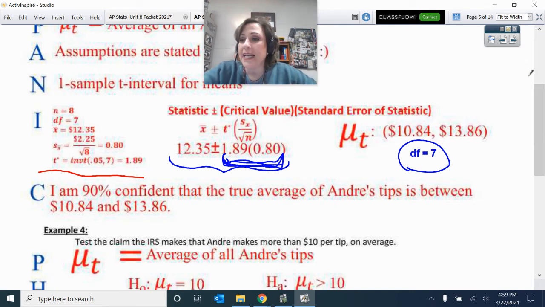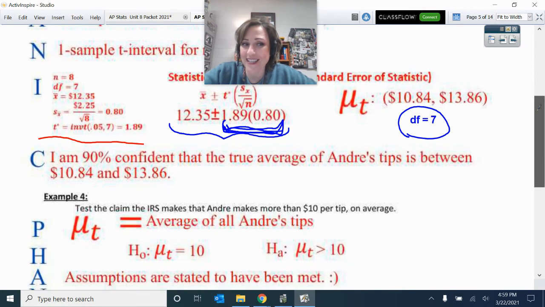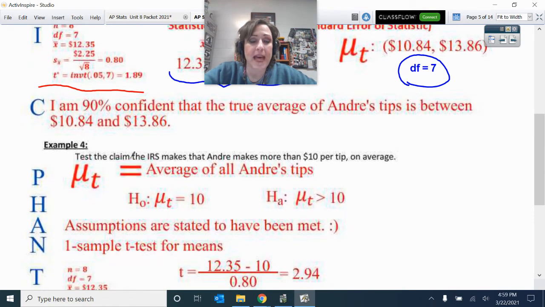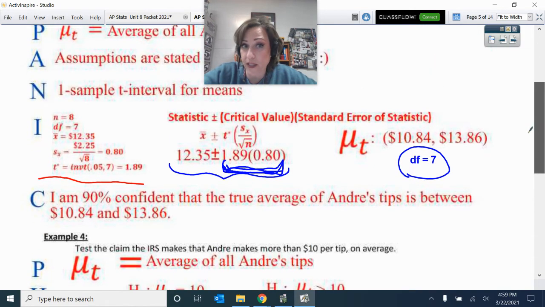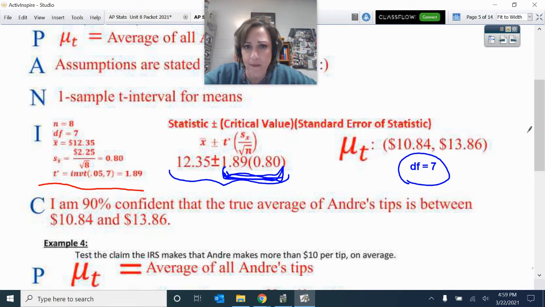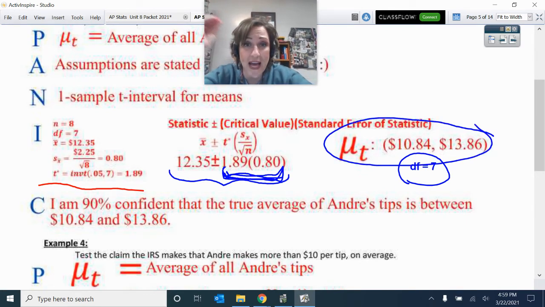Now we're asked to test the claim that the IRS makes, that Andre makes more than $10 per tip on average. Before we even go into it, what do you expect to happen, looking at this interval? We are not allowed to state we have evidence or not based just off an interval.